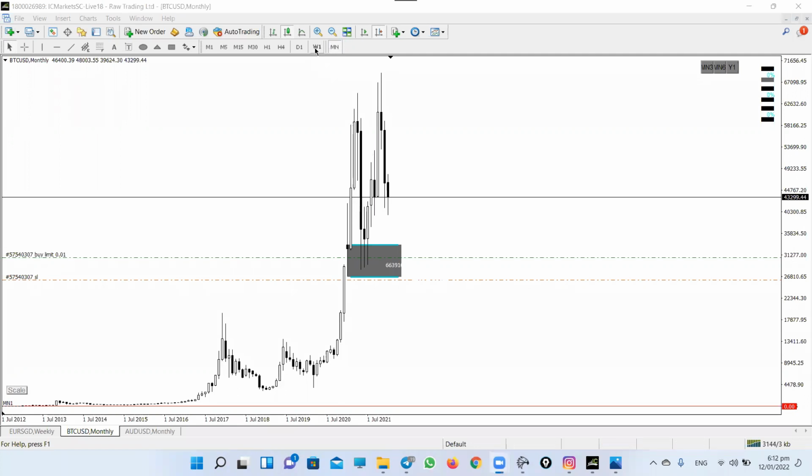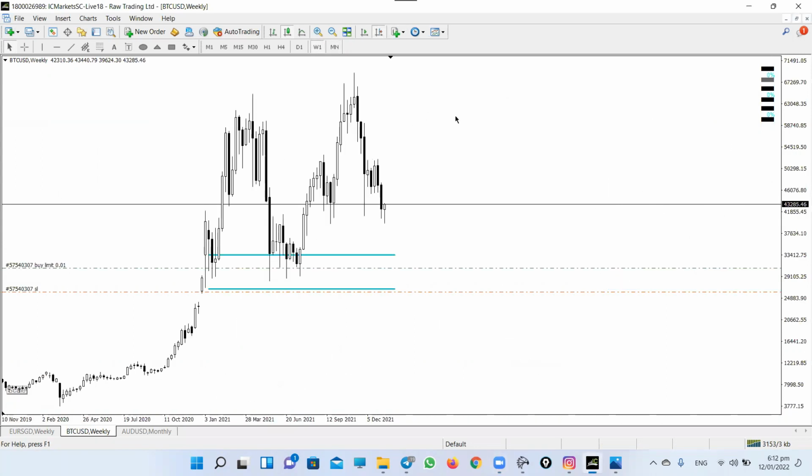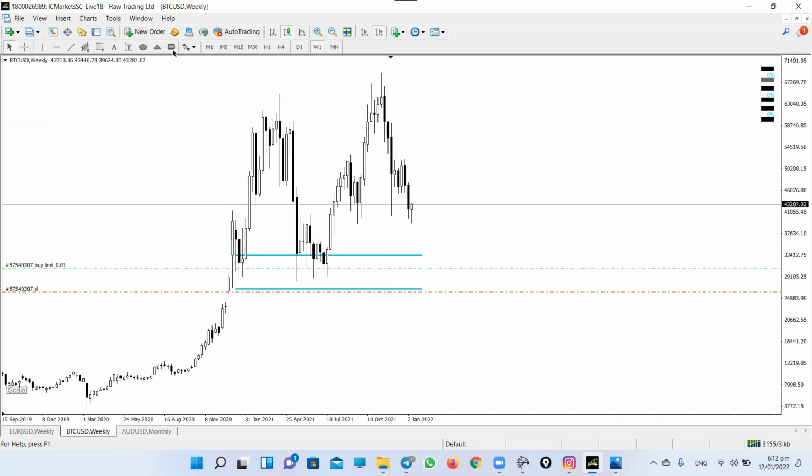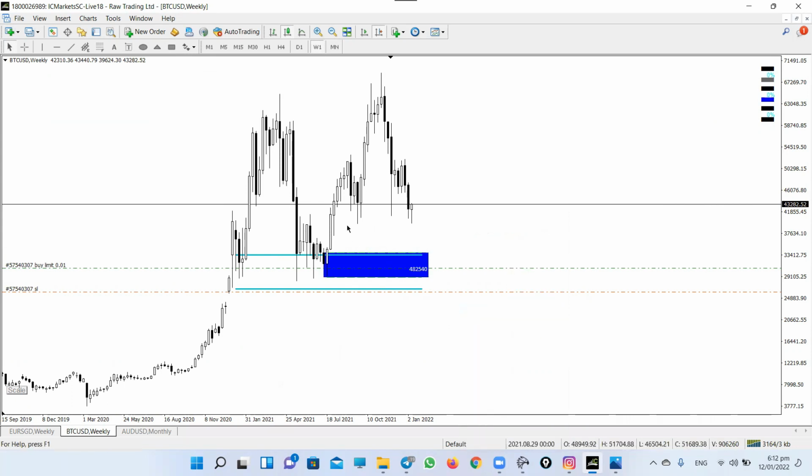Why? Because if you open a lower time frame chart, you will find out what's happening here. This is an area of the week chart, I mean a lower chart than our high time frame, which is our month chart, and you can see that it is a bit of a strong area. Why?